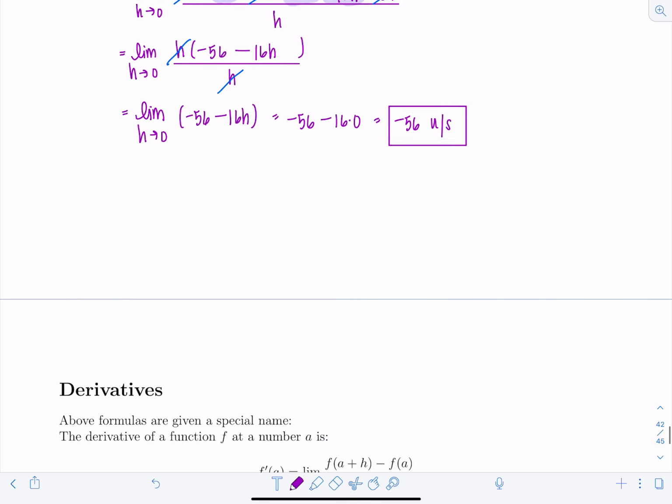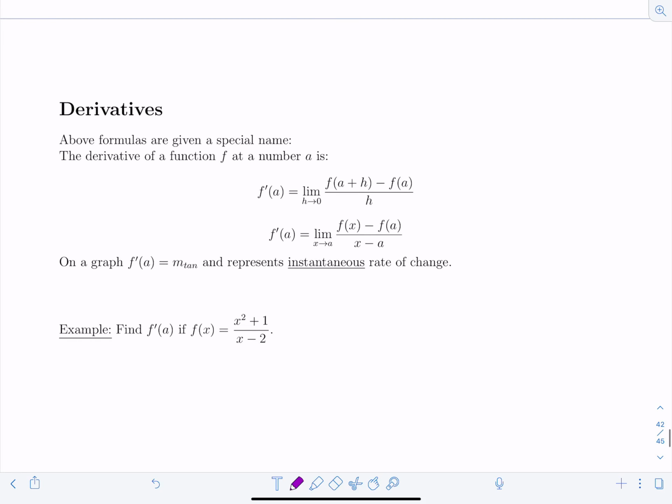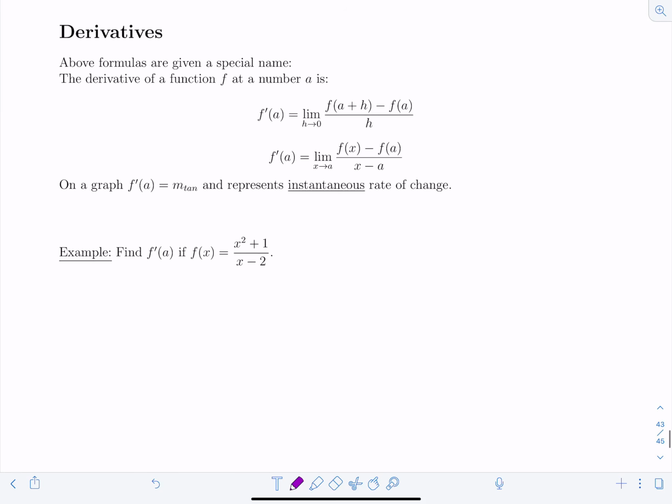All right. Very good. Now we're going to look at derivatives. Now, the above formulas are given a special name. The derivative of a function f at some number a is as follows. F prime of a, that's how you read that out loud.